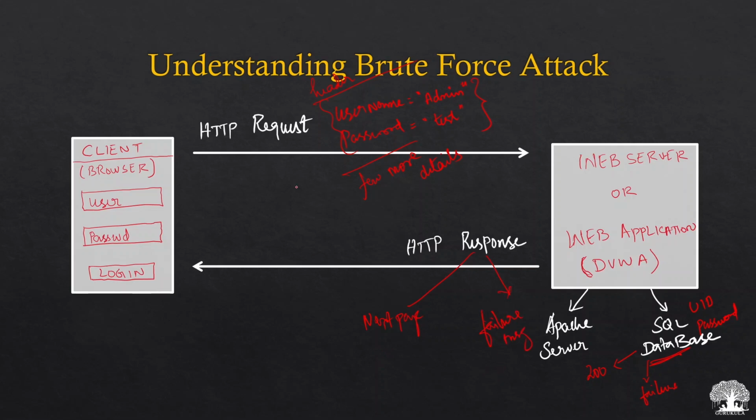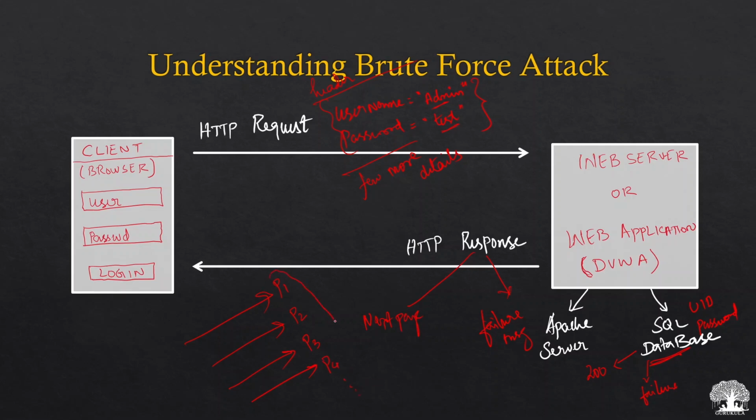So here what we are going to see is, we initially do not know what the username is and what the password is. So what we are going to do is keep sending multiple HTTP requests to the server with different sets of passwords. We will be trying different passwords P1, P2, P3, P4, etc. until we get the correct response.